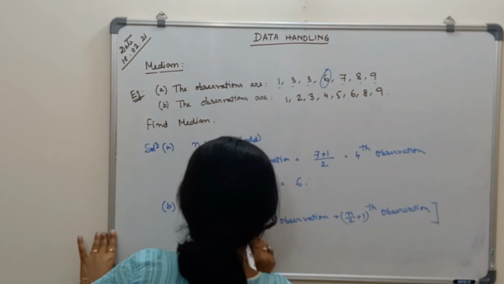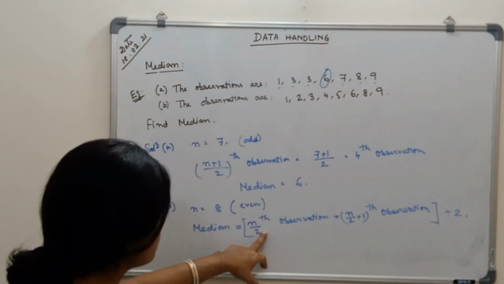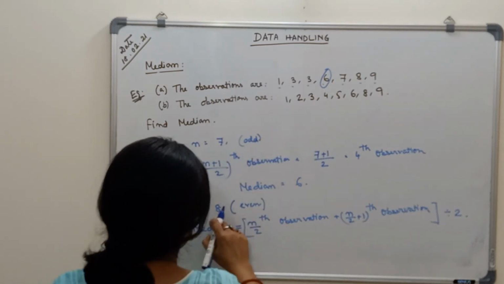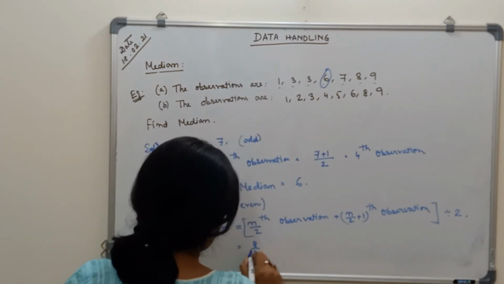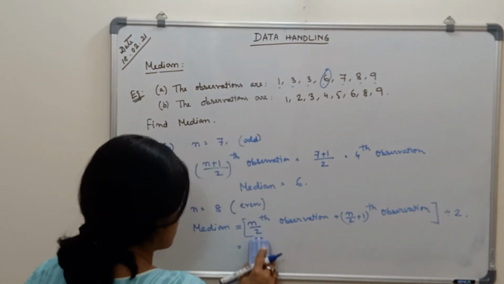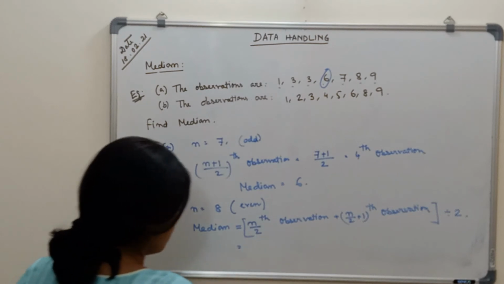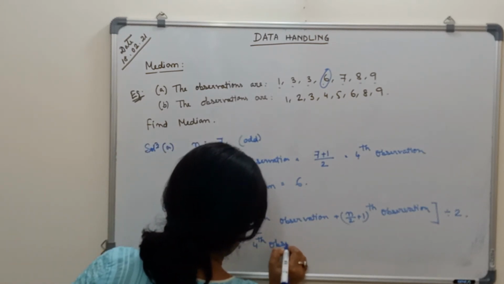What is the n by 2th observation? n is 8, so 8 by 2 means the 4th observation.